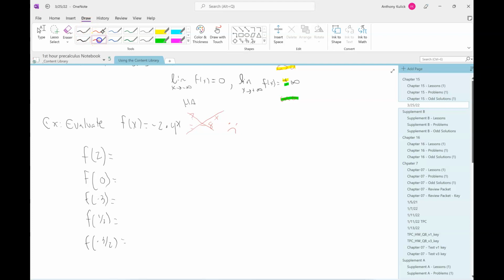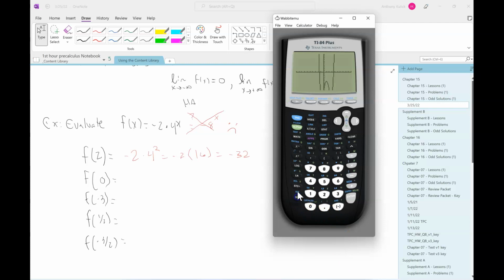Okay. All right, so if I do f of 2, I have this. 4 squared is 16, and so I'd get negative 32. Everybody's cool with that? You could do that on your calculator a couple of different ways. So you could just do it from the main screen. So -2 times 4 squared.